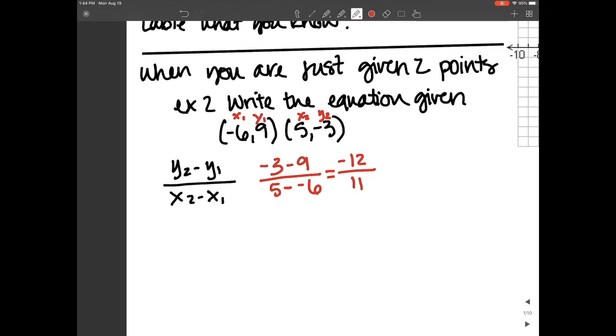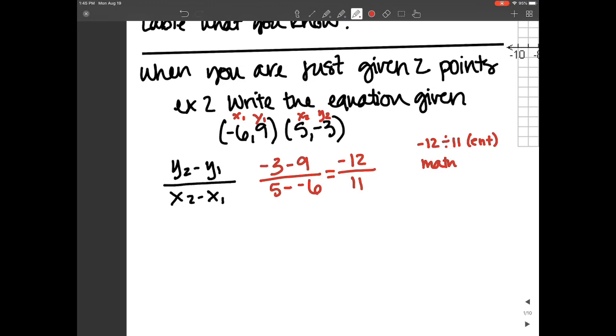Okay, let's talk about it one more time. In your graphing calculator, you're going to do negative 12 divided by 11. Press enter. Then it's going to give you a decimal, probably a really long decimal. In order to put that back into fraction form, you hit the math button and press enter twice.